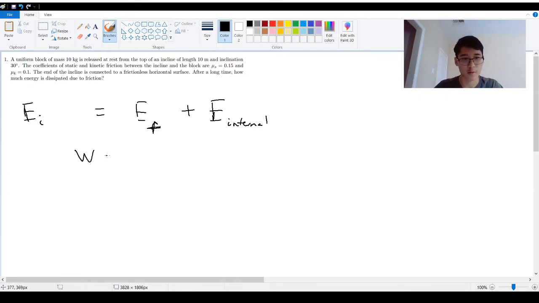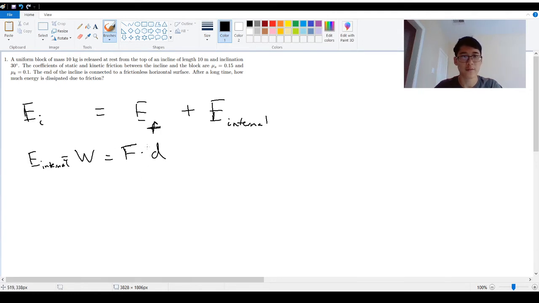We know that work is equal to force times distance, right? So if we figure out the force of friction and over how much distance it acts, then we can figure out how much work is done by friction, and that work goes into internal energy. That's how much energy is being dissipated due to friction.